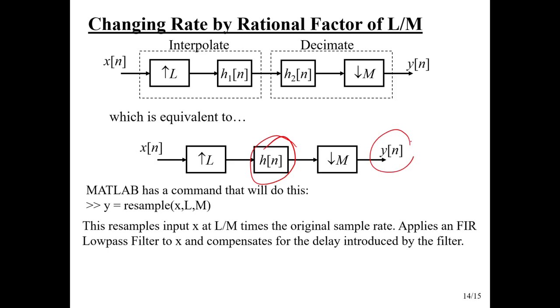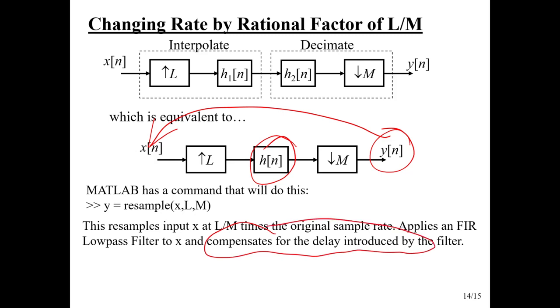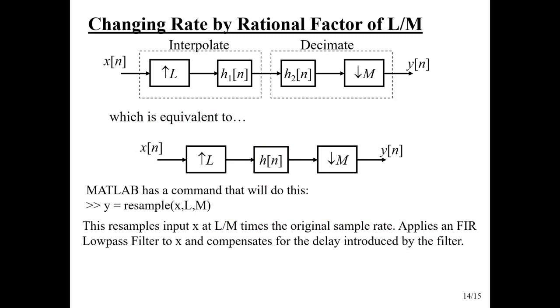So comparing this to this can sometimes be a challenge because there's going to be a delay between them. But this command compensates for that delay introduced by the filter so that you can nicely compare them. So it's nice for offline processing. That's the only way you could really do this compensation.